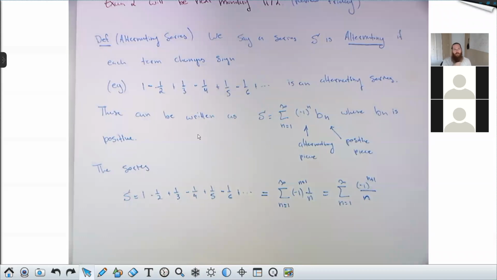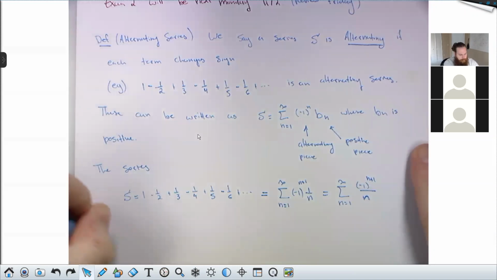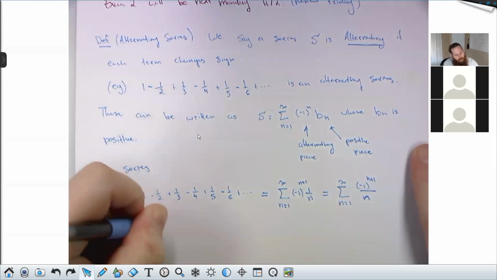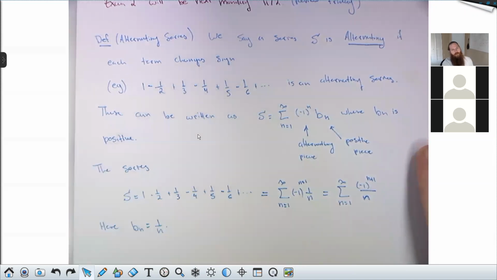So this is an example of an alternating series. Here, bn is 1 over n. Any questions about the definition or the notation that we're using here?